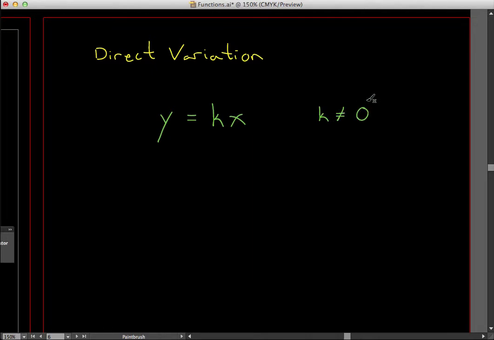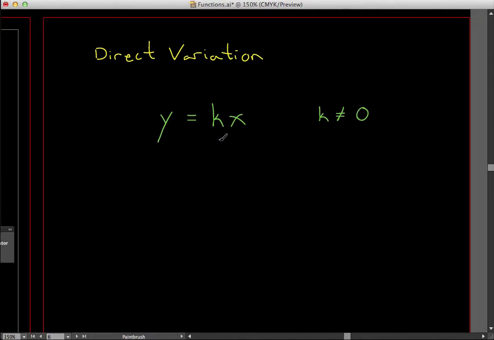Okay, and k actually stands for constant. And yes, obviously constant starts with a C, but we still use k to stand for constant because the constant of variation for a direct variation is the coefficient of x, and k is the coefficient of x here.